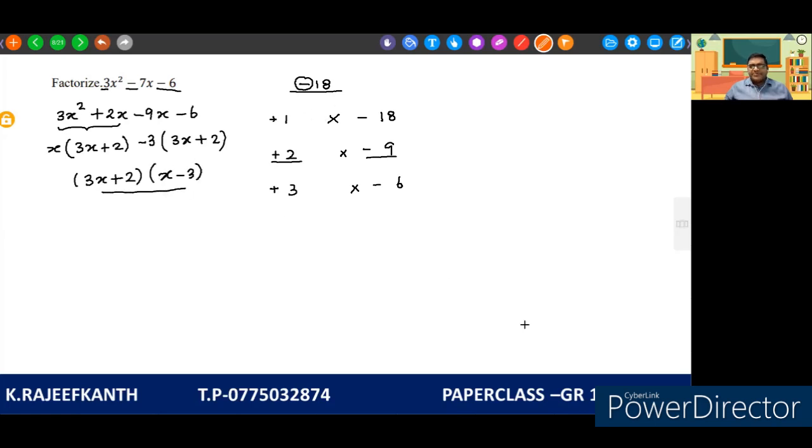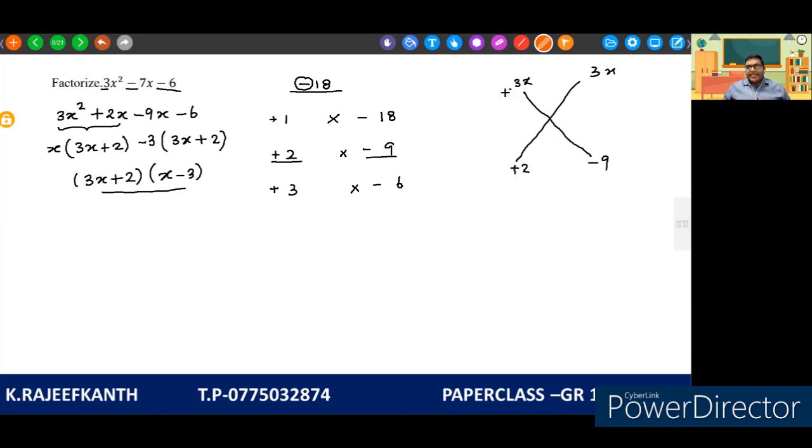So this is the way to factorize. Here directly we can factorize this one. Here 3x squared, so we can write as 3x and 3x. Now we found the numbers as +2 and -9. Right?